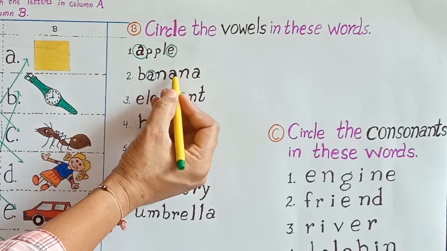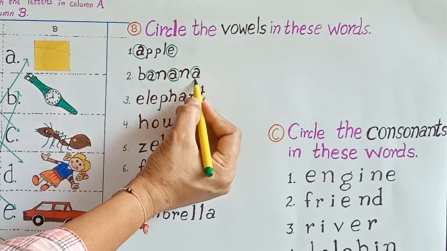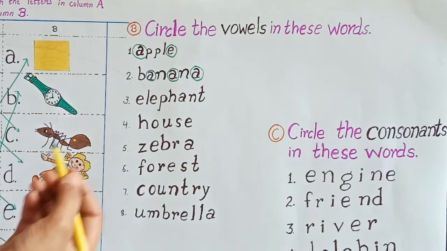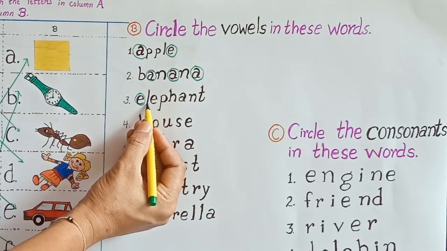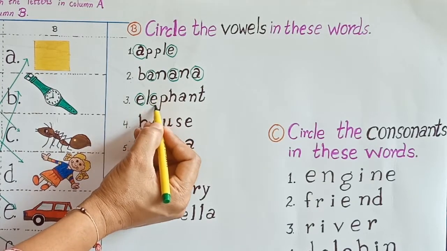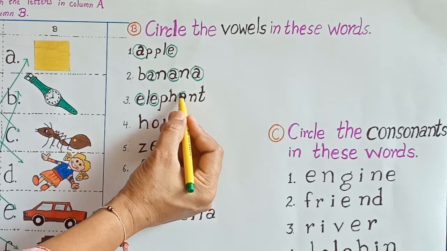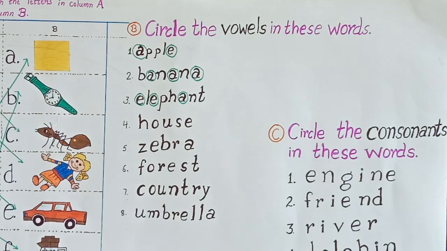N is consonant. A is vowel. N is consonant. A is vowel. Now number 3. E is a vowel. L is consonant. Again, E is vowel. P, H. Both are consonants. A is vowel. N and T are consonants.